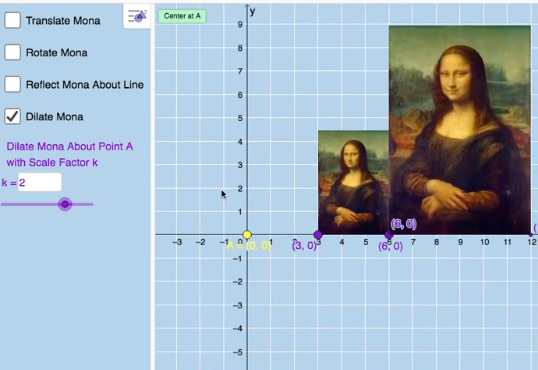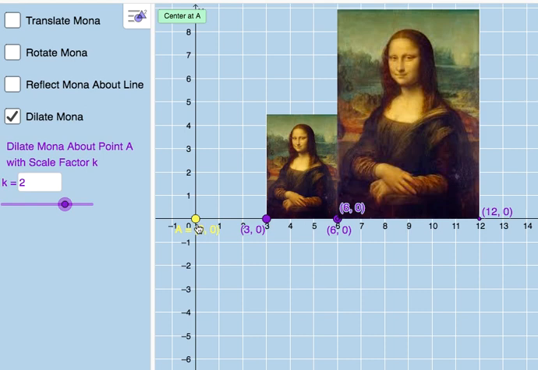Now that this is dilated by 2, again with the center being the origin (0, 0), we see that the bottom left point is now 6 units away from the center. We can also say that the bottom right is now twice as far away. Originally it was 6 units, now the bottom right is 12 units away.